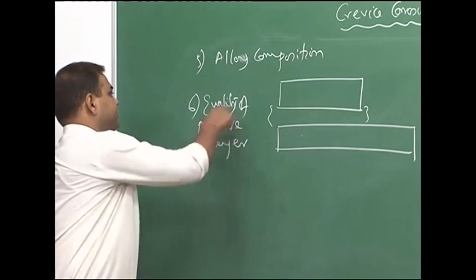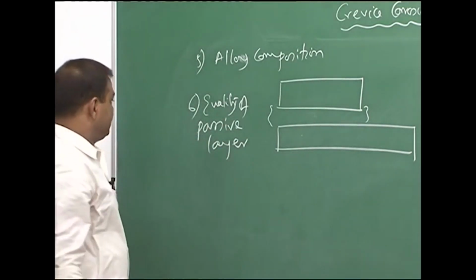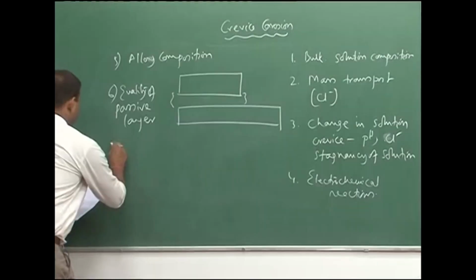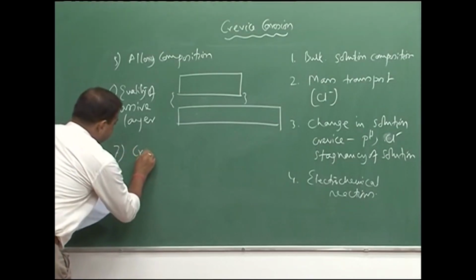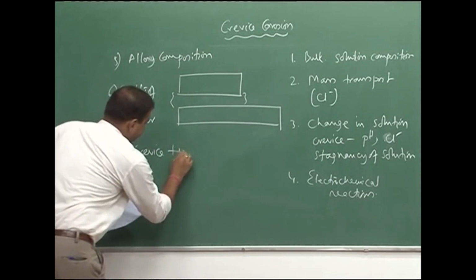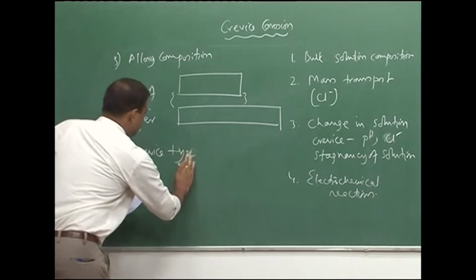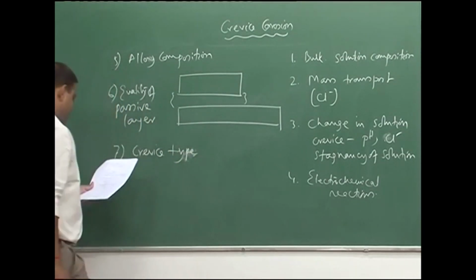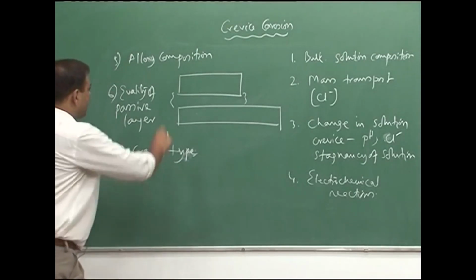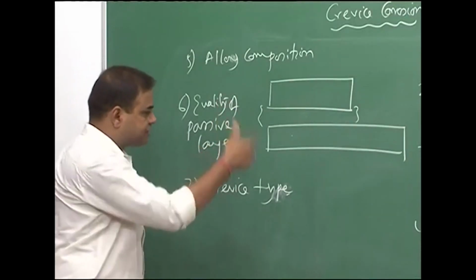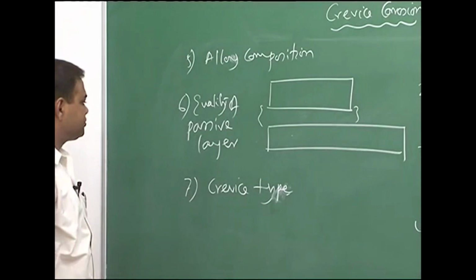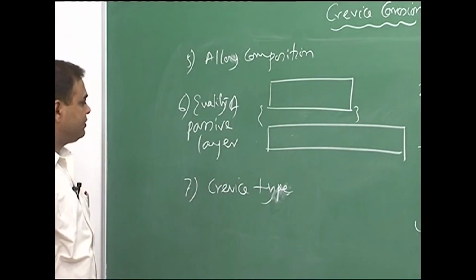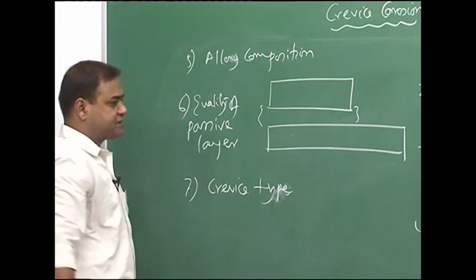Those can affect your crevice corrosion. Then we have crevice type. Crevice type means whether it is a small gap or it is a crack. These are falling under crevice type.